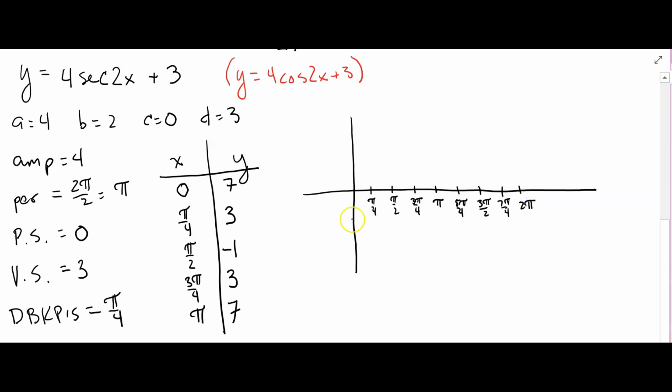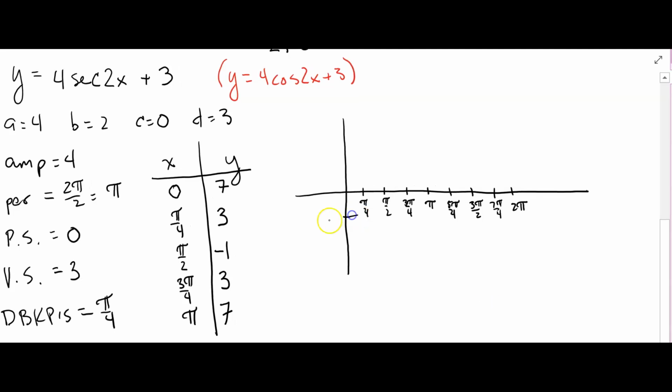And then we need to go from negative 1, just put negative 1 down there, and we'll put 7 up here. Scale's a little bit off, but that's okay.